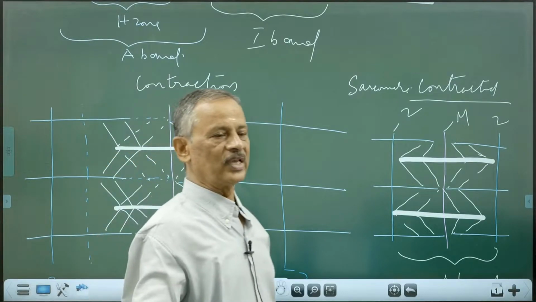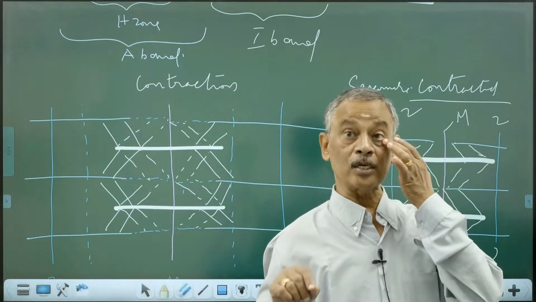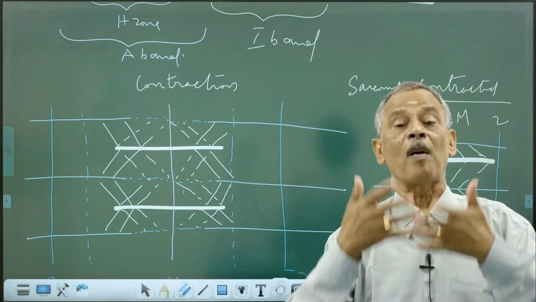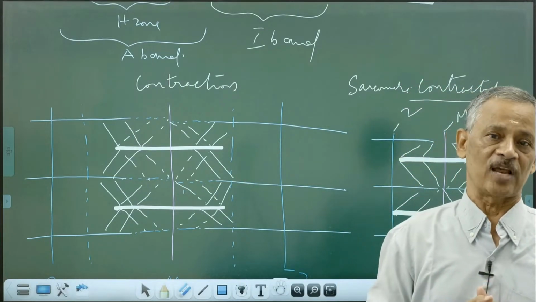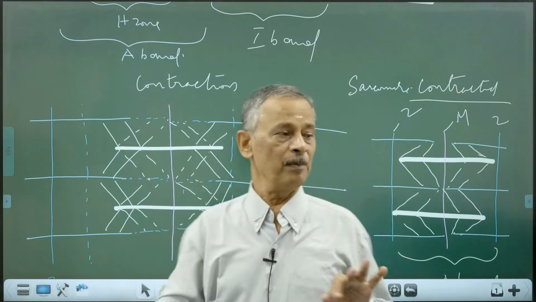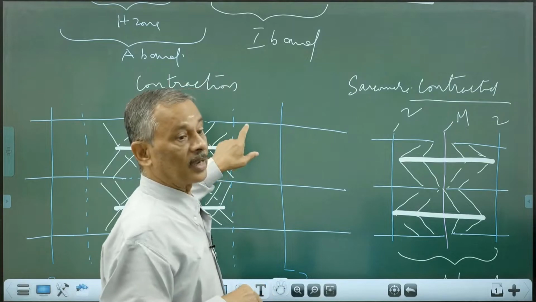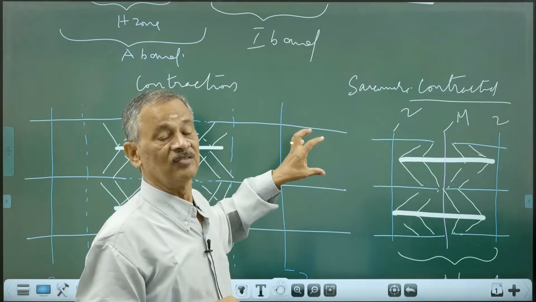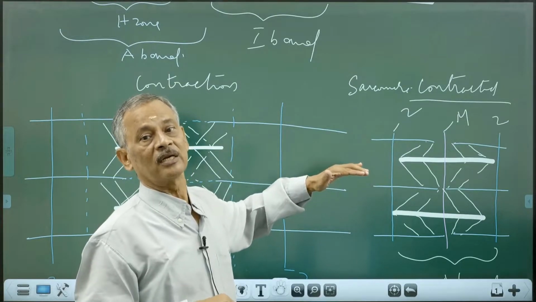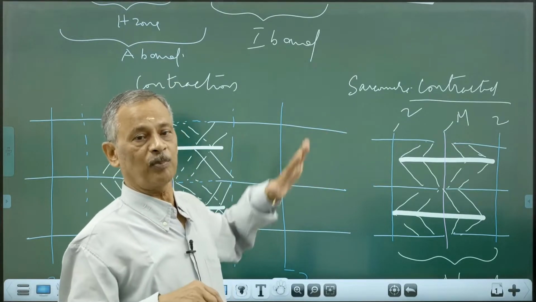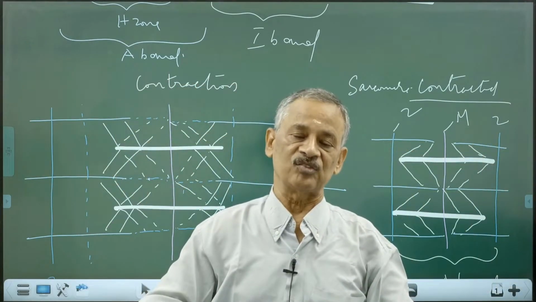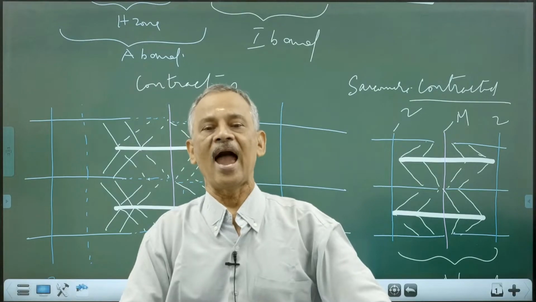When the signals coming to the muscles are stopped, the calcium is pumped back into the T system, to the endoplasmic reticulum. When calcium is pumped, calcium is removed from the TC subunit. So tropomyosin comes back to their normal position, masking the myosin attachment site in the G actins.